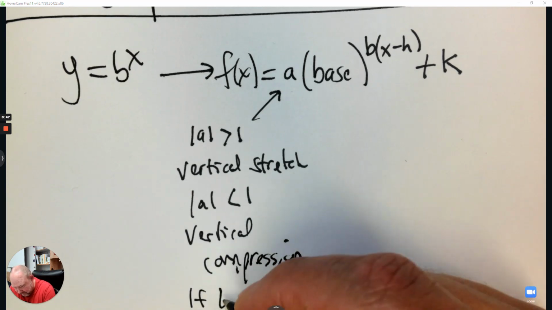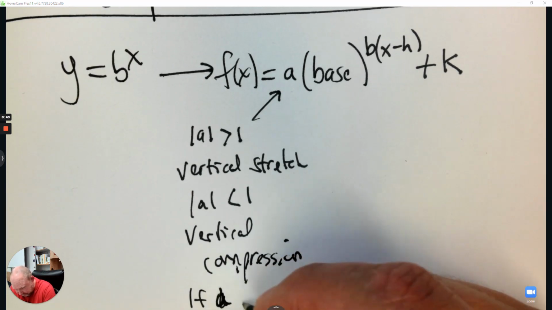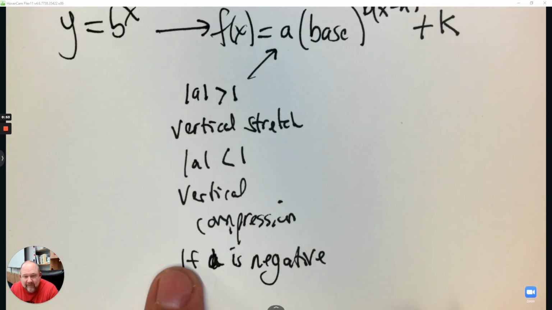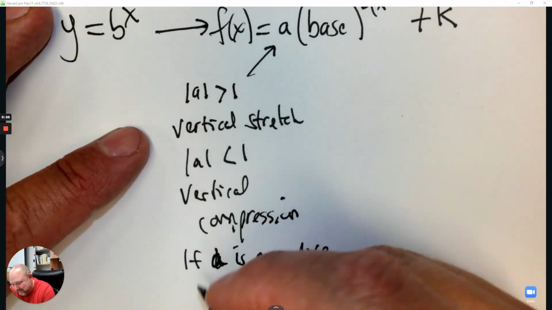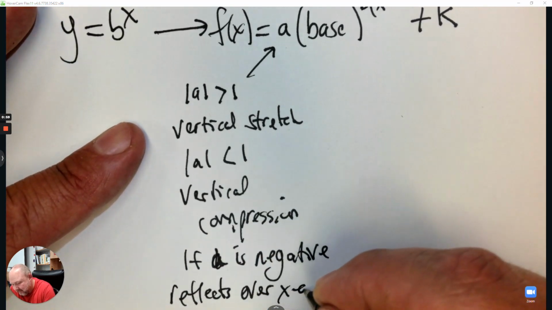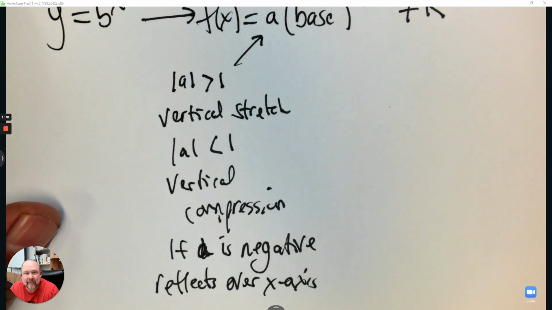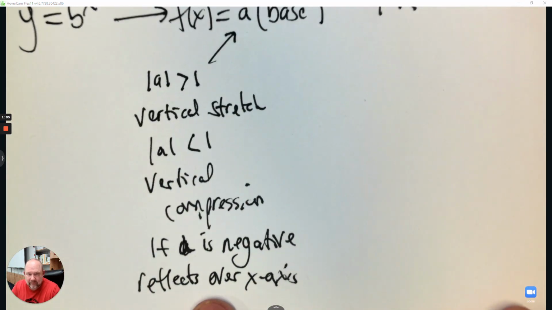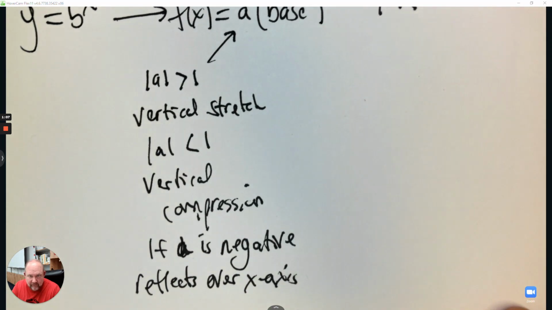And if a is negative, it reflects over the x-axis. That's all a. So a could be a stretch, a compression, or a reflection. Again, press pause if you need to.